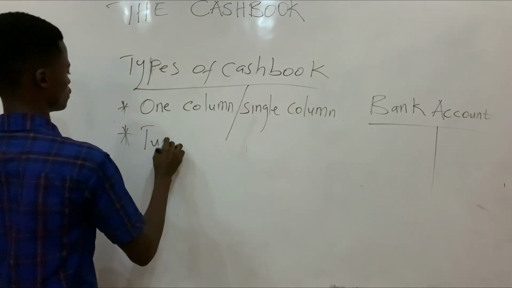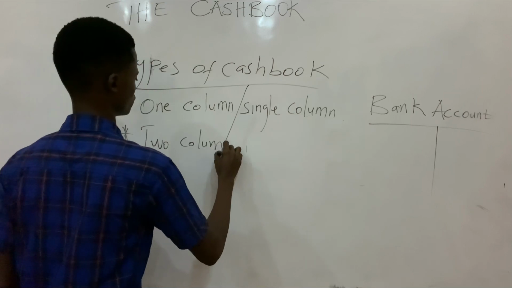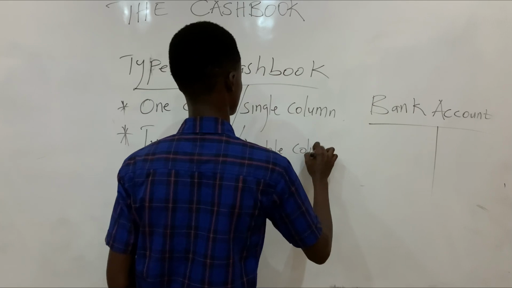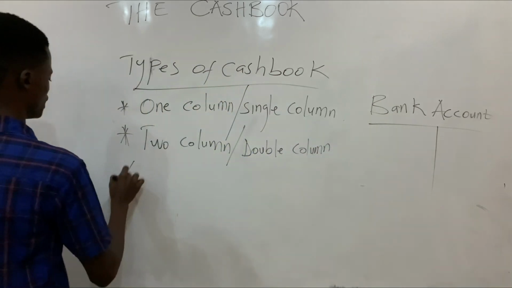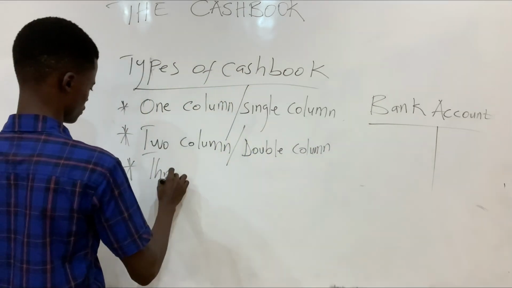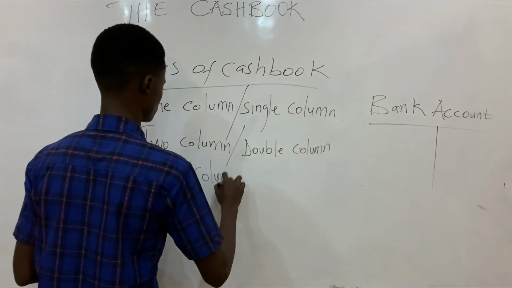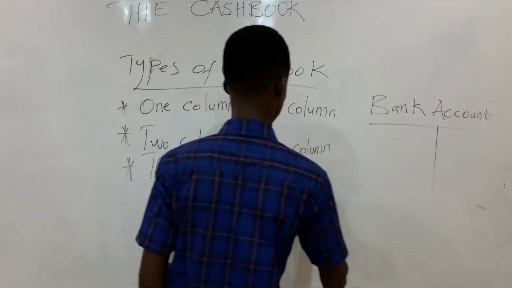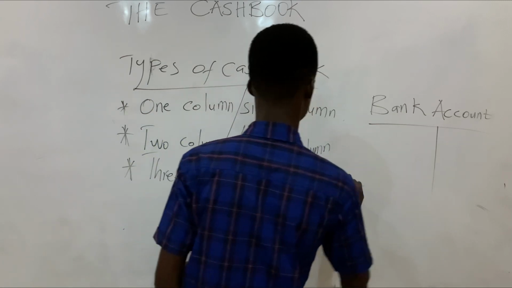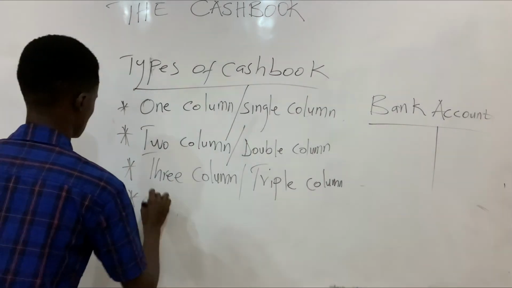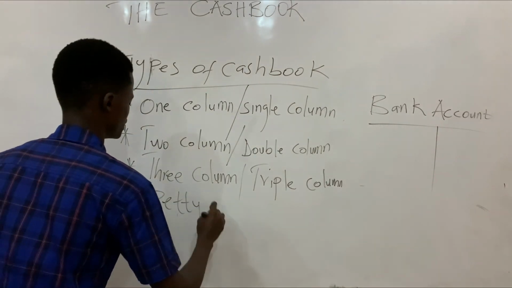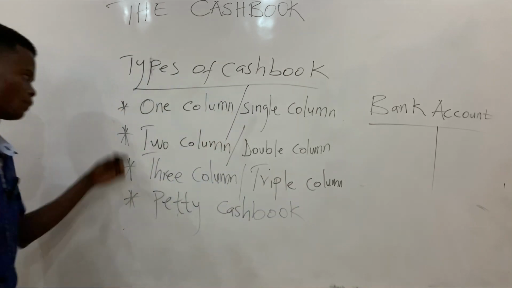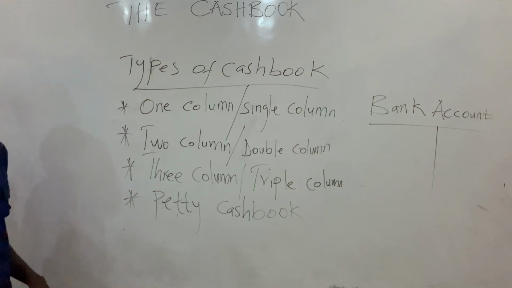We have two column or double column cash book. We have three column or triple column cash book. And finally, we have the petty cash books. So these are the four categories of cash books.